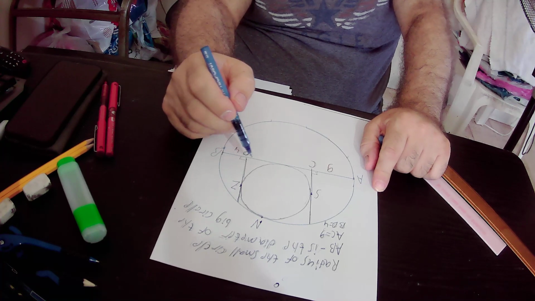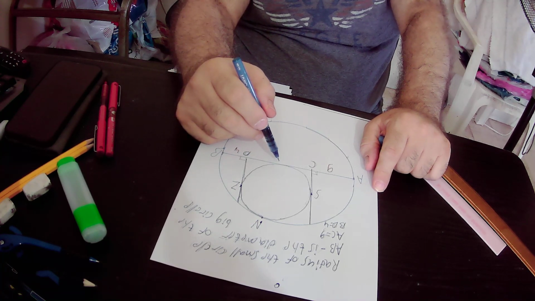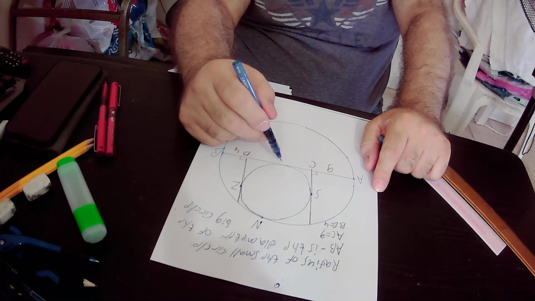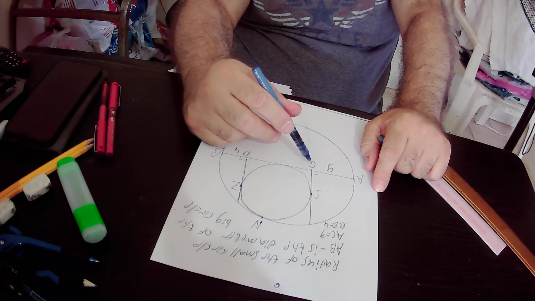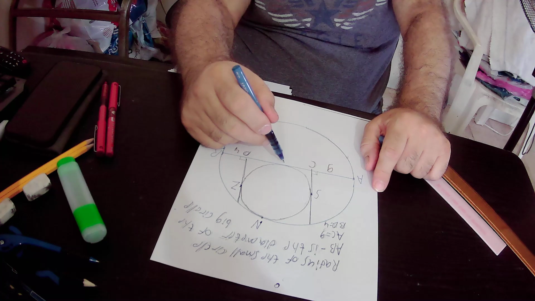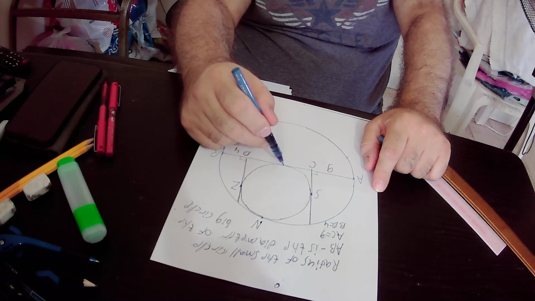And we have the third tangent to the circle. Line segment CD is tangent to the circle at this point.